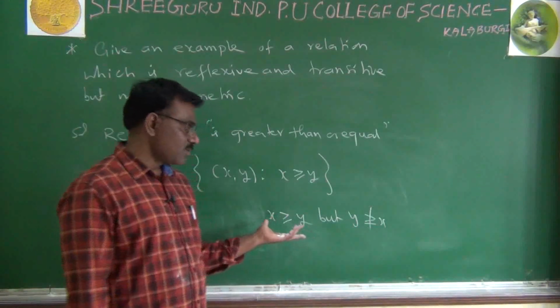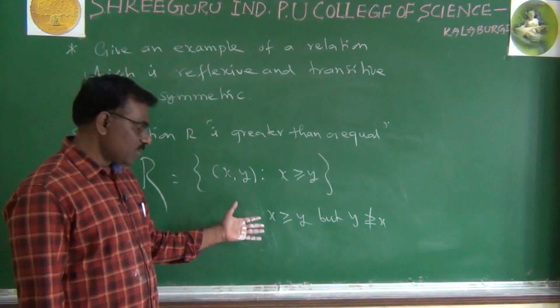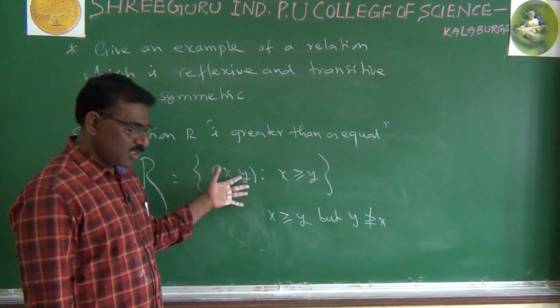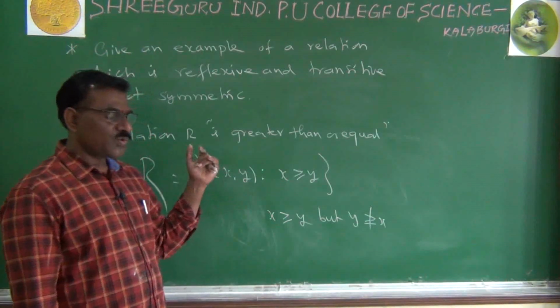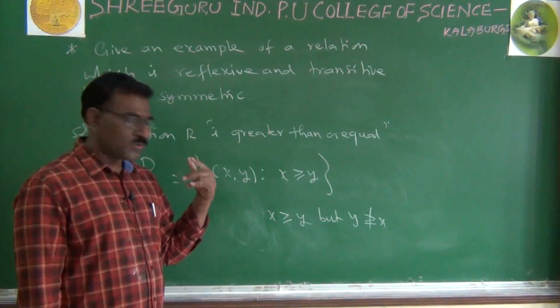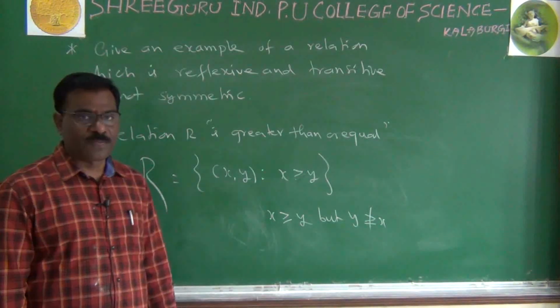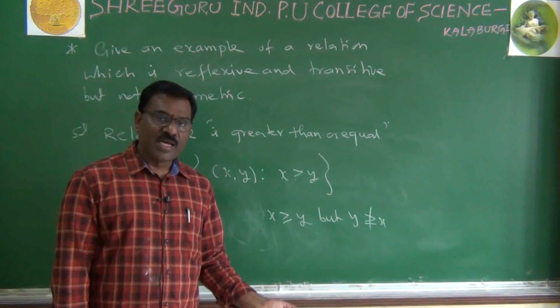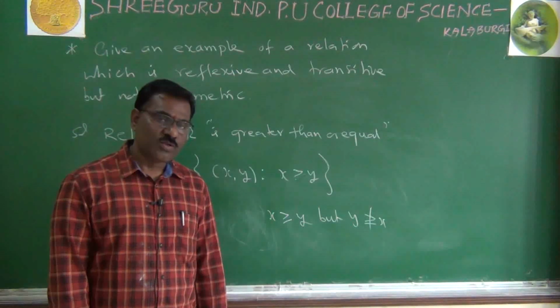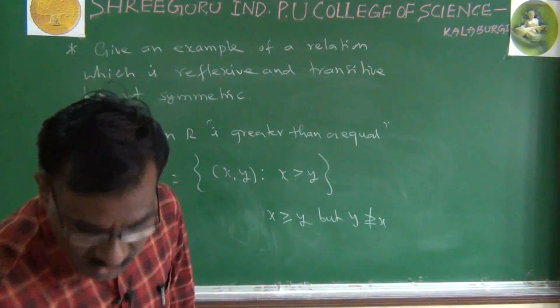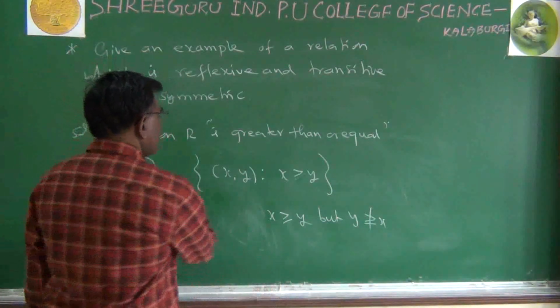So this is not symmetric, but it is reflexive and transitive. If you remove that equal sign, only one condition is satisfied, that is transitive. This is also a good example.